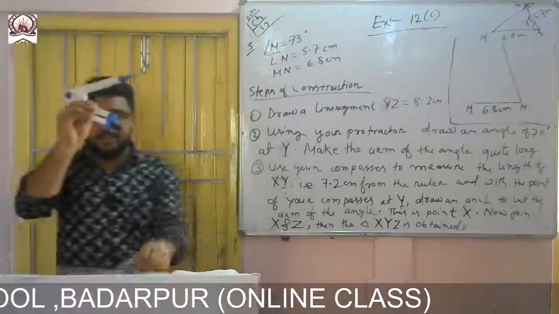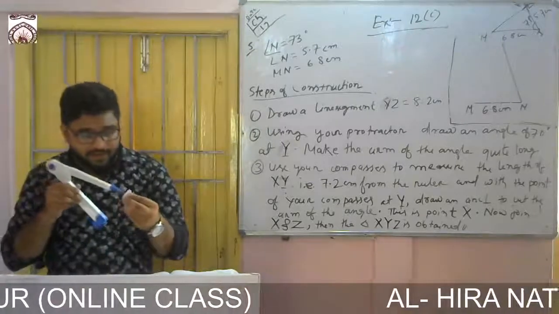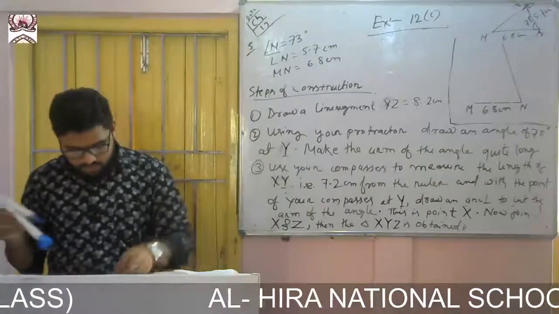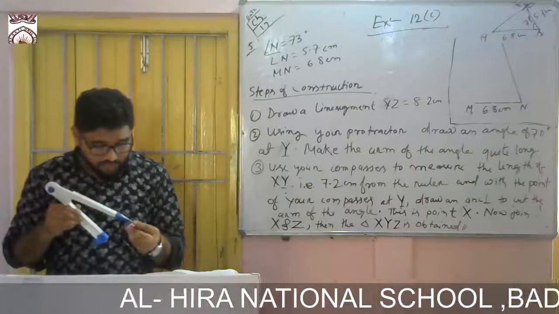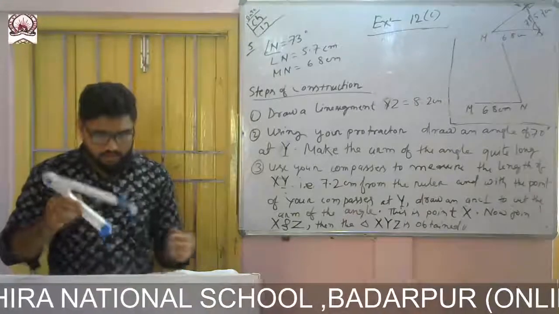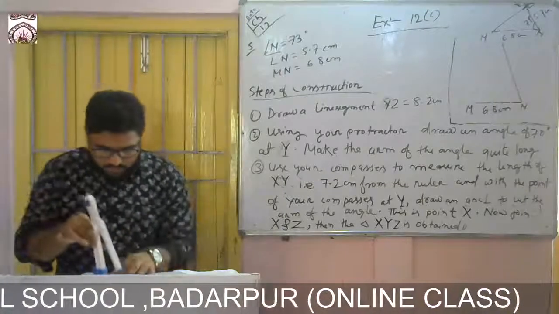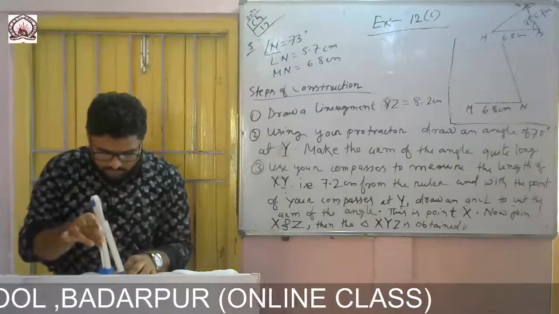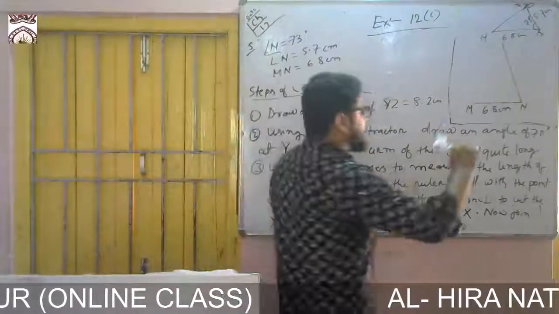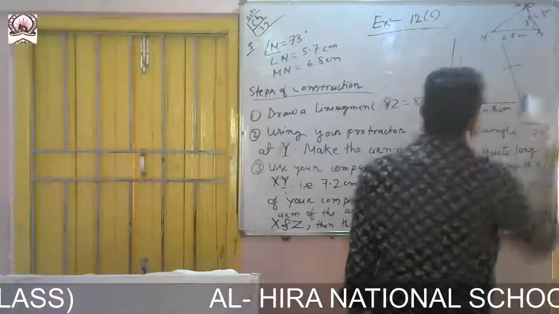Okay, somehow I have taken 5.7. Now just intersect it.